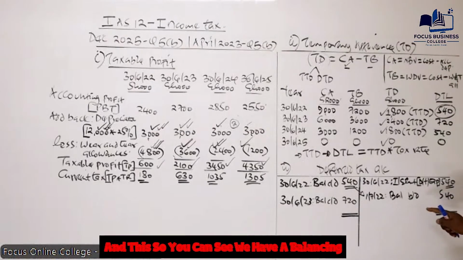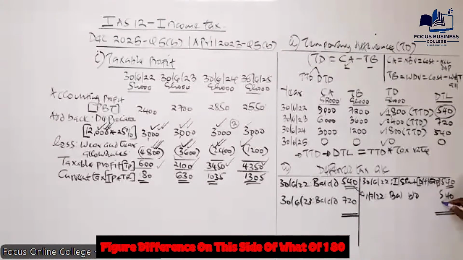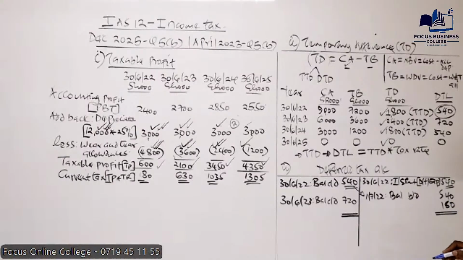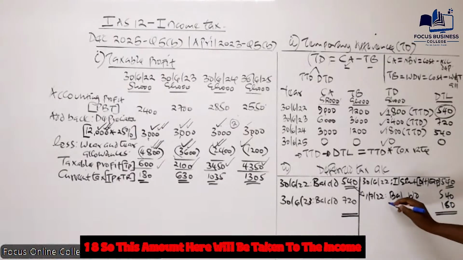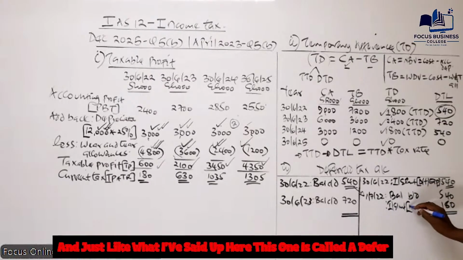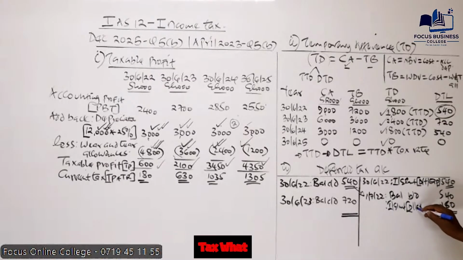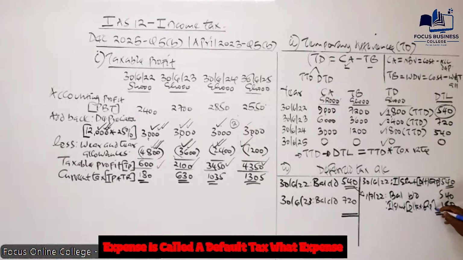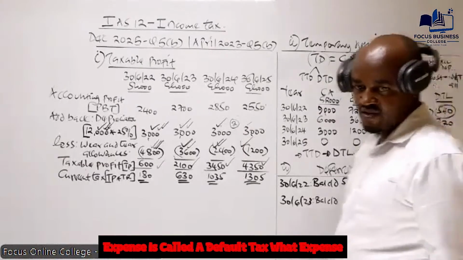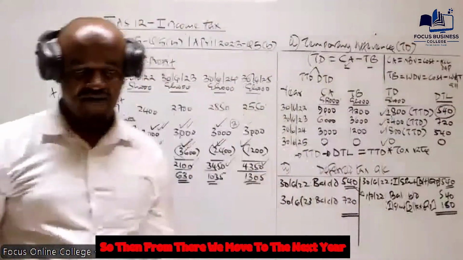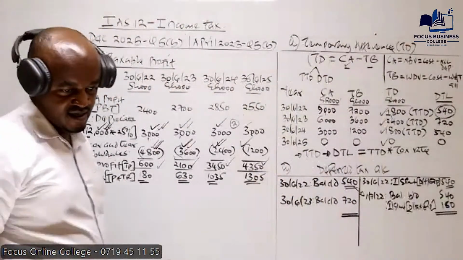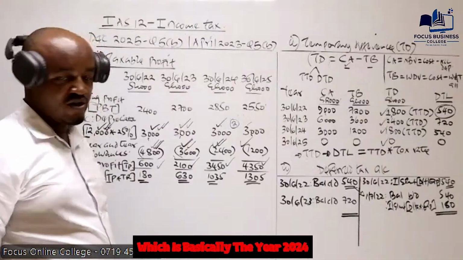You can see we have a balancing figure difference on this side of 180. This amount will be taken to the income statement. And just like I said up here, this one is called a deferred tax expense.